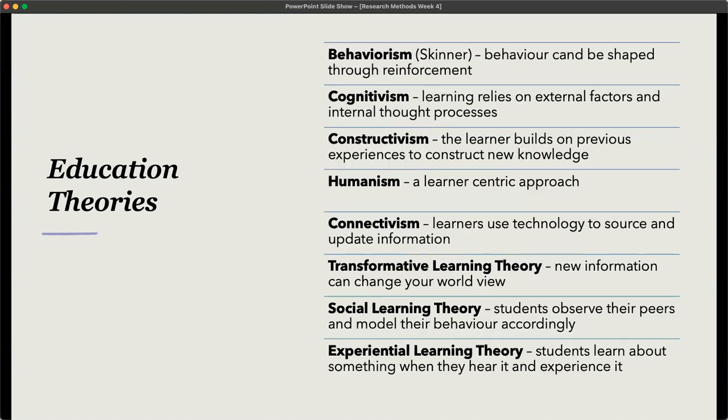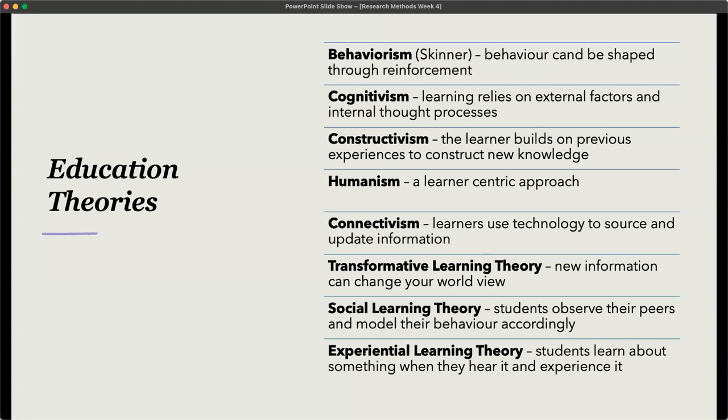For education theories, we've got behaviorism. Behavior can be shaped through reinforcement. Cognitivism, learning relies on external factors and internal thought processes. Constructivism, the learner builds on previous experience to construct new knowledge. This one is most commonly cited in telecollaboration or virtual exchange studies.